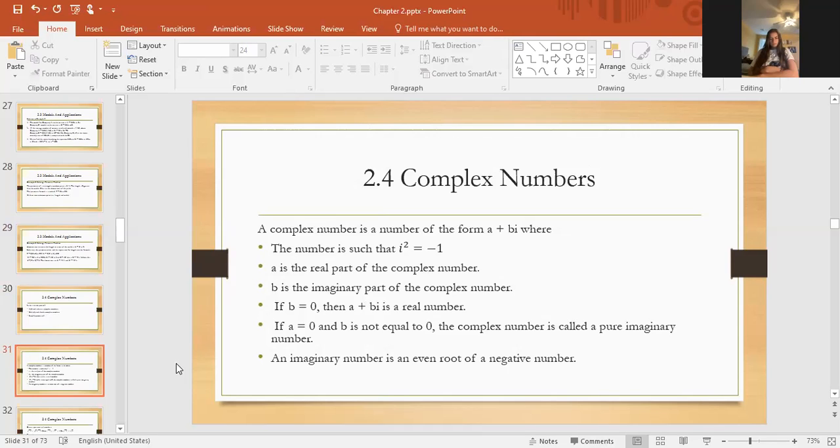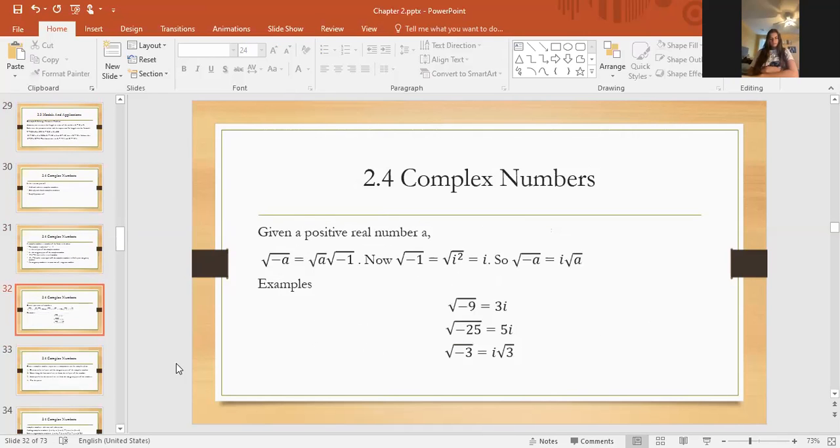When we write a complex number as A plus Bi, we call A the real part, B the imaginary part. So when B equals 0, all real numbers are considered complex numbers. And when A equals 0, the complex numbers we get are called imaginary numbers. For example, if we have a positive real number A, we will define the square root of minus A as square root of -1 times A, and dividing the square root, we get square root of A times square root of -1.